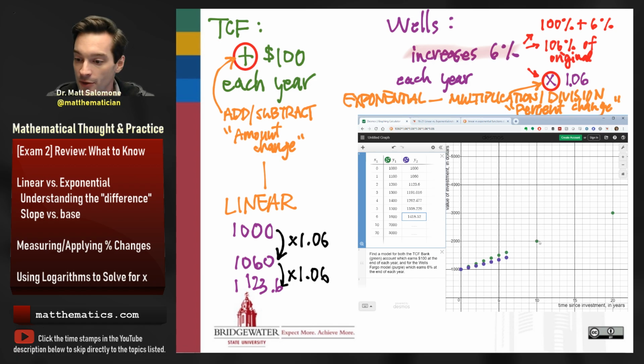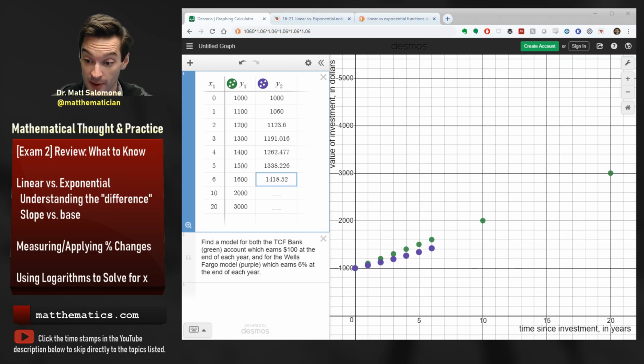Okay. So one of the things that you should be noticing here is that immediately we can answer one question about these two bank accounts and what's happening with our balance in both of these cases, right? Because if you look closely at the data, it looks like for the first 6 years of these particular accounts, at least, the TCF bank account is going to have a higher balance year over year than the Wells Fargo account.